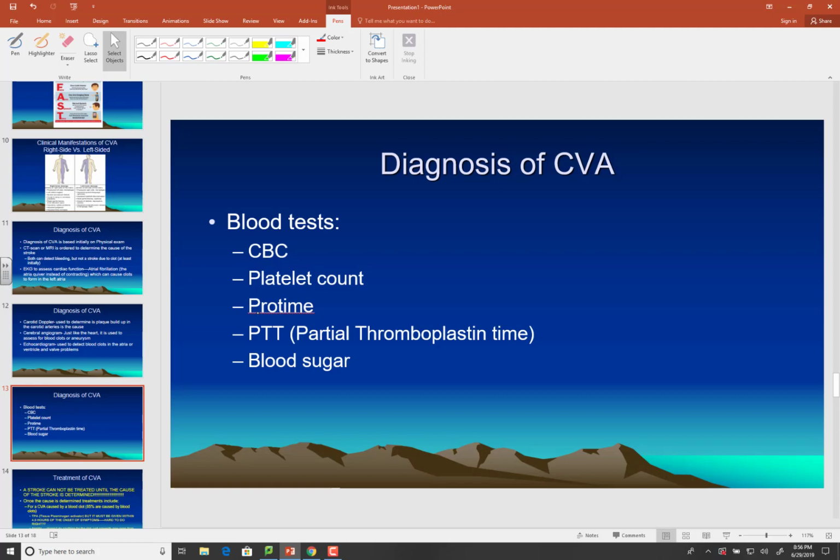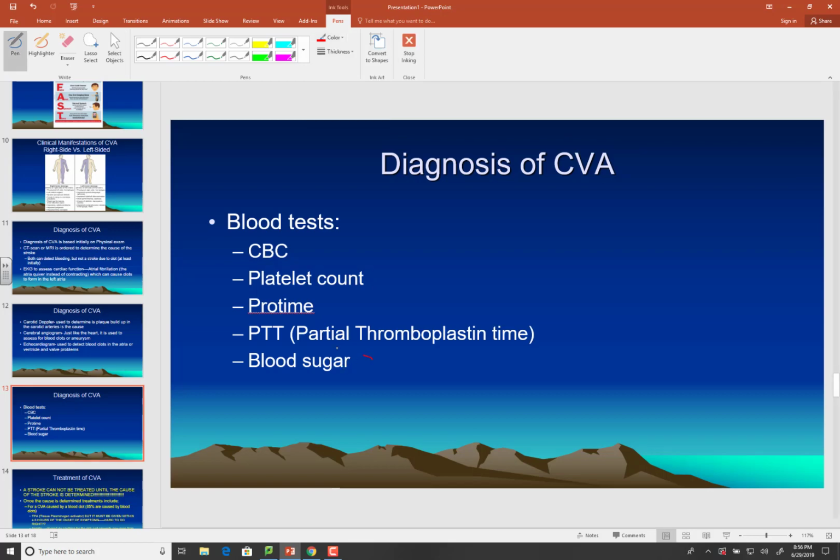Or were they prescribed this medicine, not taking it, and their blood is really, really thick where it is predisposing them to blood clots, and that could be causing an ischemic stroke due to a blood clot.